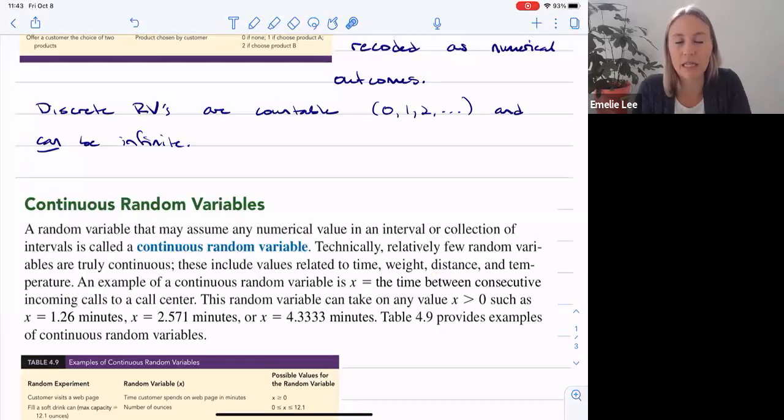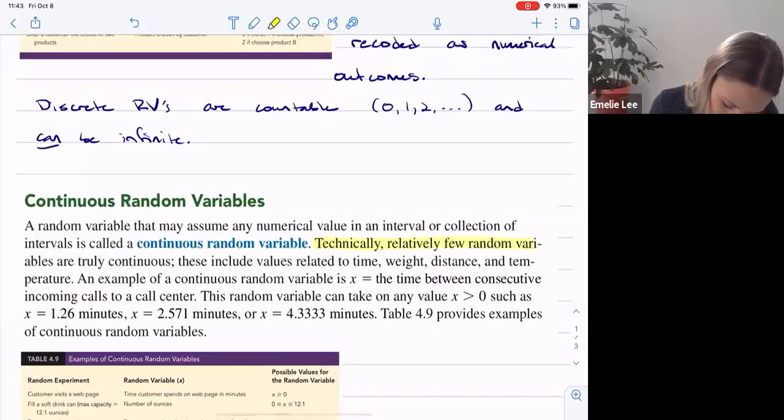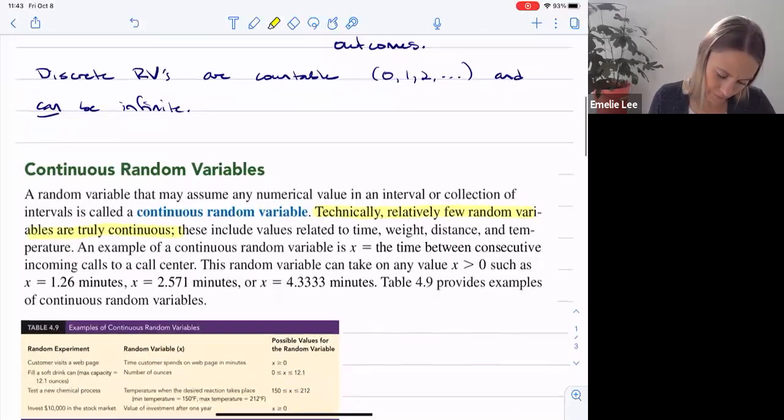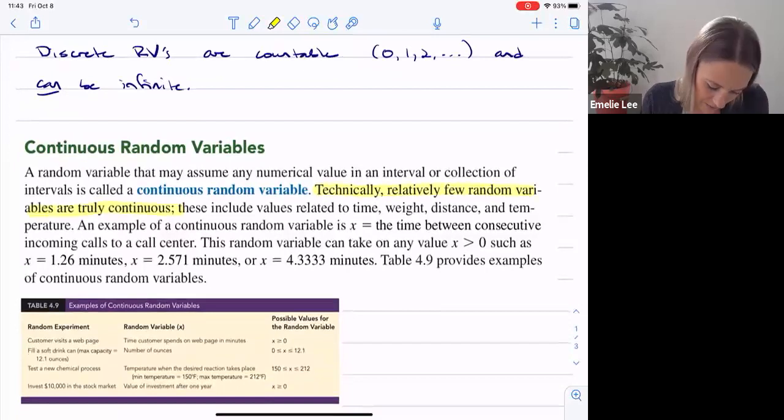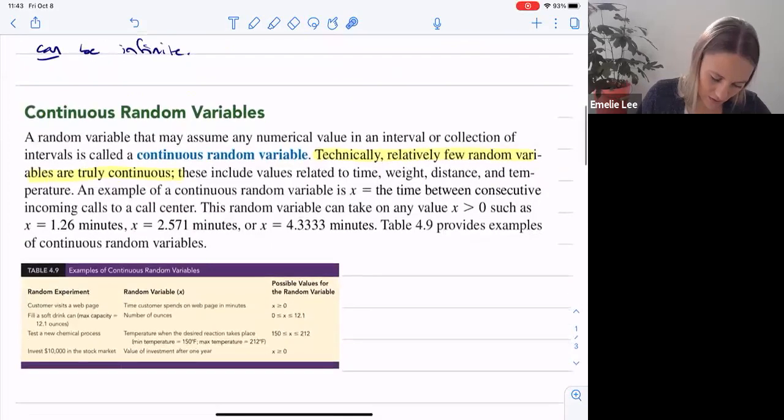We know that everything exists on this continuous scale. So I will highlight that. But we still consider them continuous random variables.